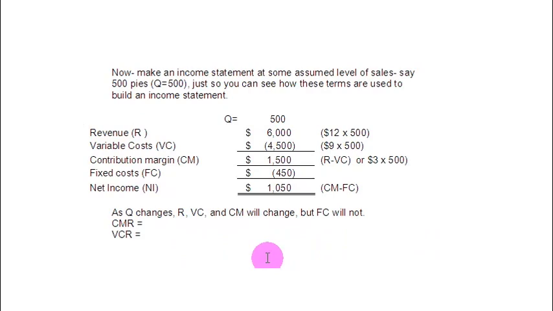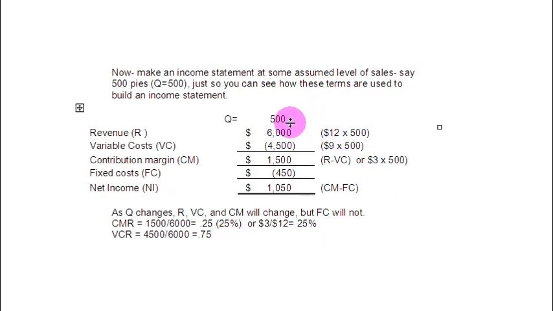Two more definitions. Could you compute the contribution margin ratio and the variable cost ratio for the banana cream pie example? If you did the math, the answer would be contribution margin ratio of 25%, variable cost ratio of 75%. Notice I could come up with these two different ways.